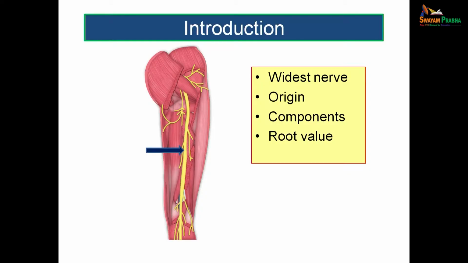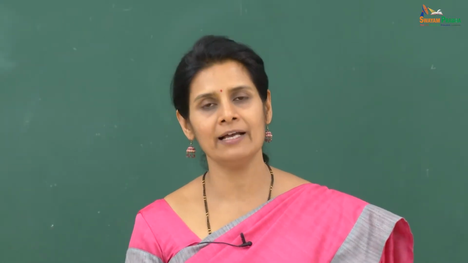The tibial component of the sciatic nerve has fibers arising from the ventral branches of the ventral rami of L4, L5, S1, S2 and S3, where L stands for lumbar spinal segments and S stands for sacral spinal segments. So, the tibial component is made up of fibers from L4, L5, S1, S2 and S3.